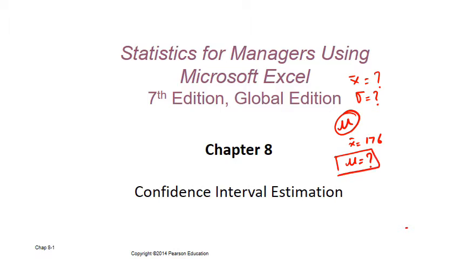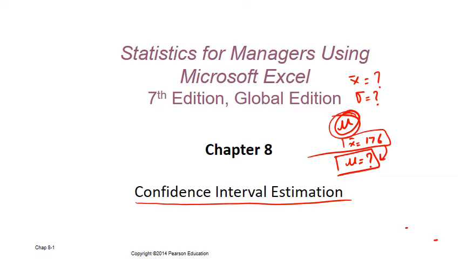We don't want to calculate the height of all CIP students. We just take one sample, we calculate their sample height, and we try to estimate our population height, which is all CIP students.